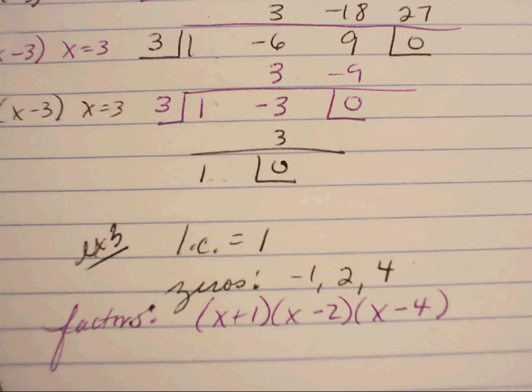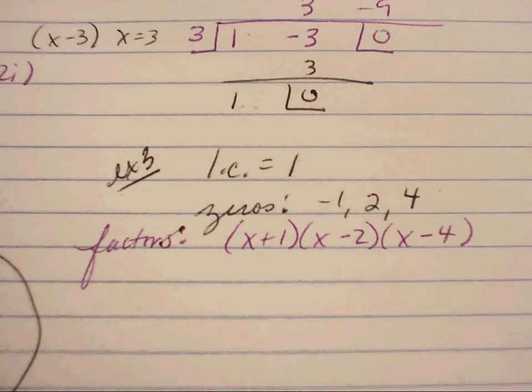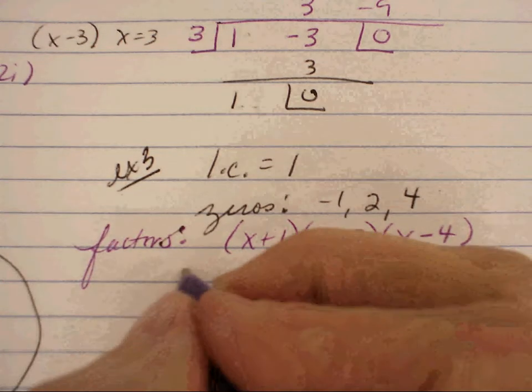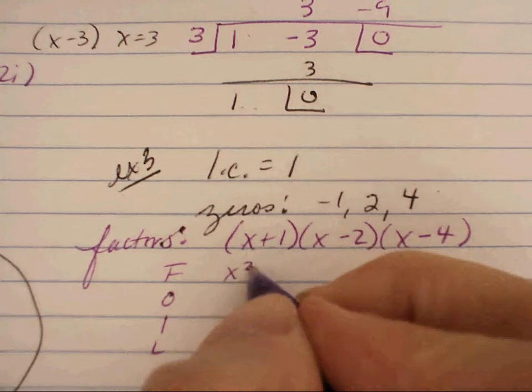Turn them into what? Good, Cassie. Sammy, good. So those zeros are now changed to what? Factors.